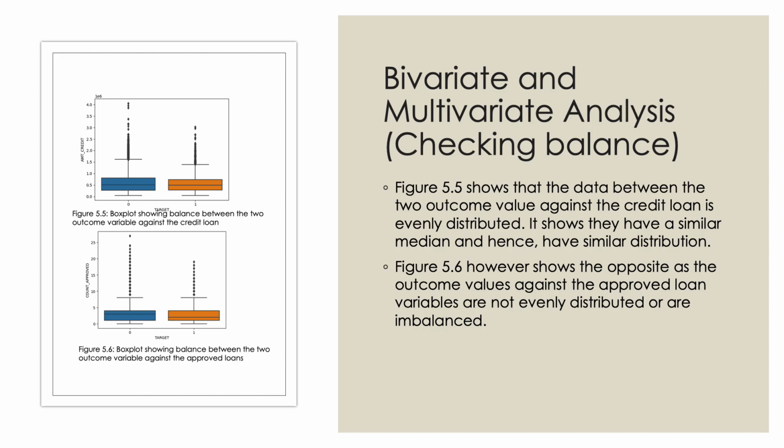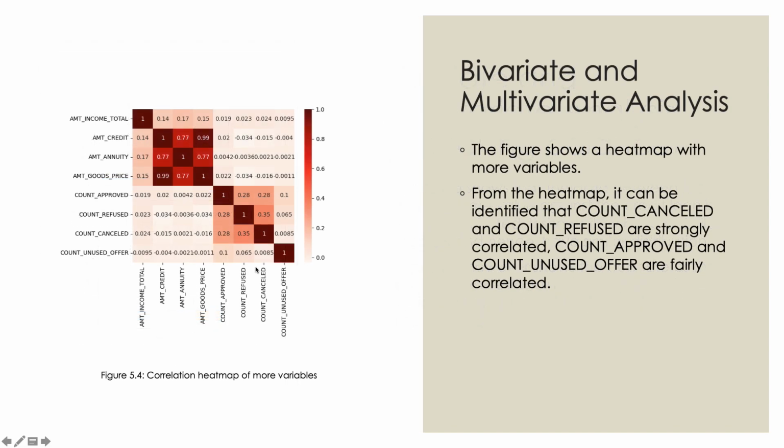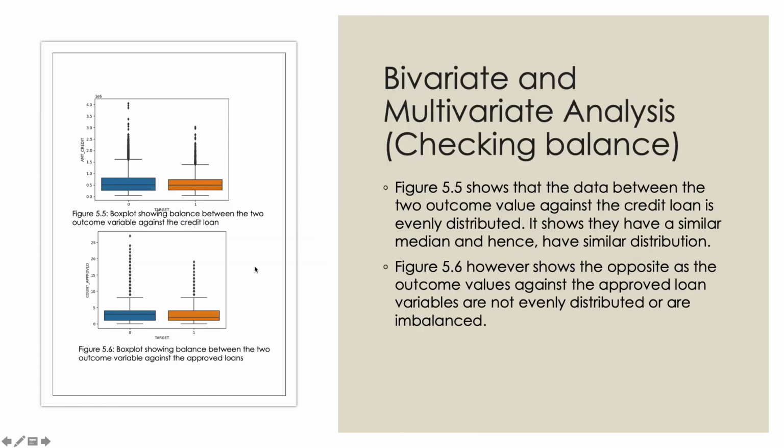So the target variable is the outcome, and with amount credit, you can see from this box plot that there's sort of a fair distribution amongst them, although we can see that the zero outcome has more data, more results than the one target variable. And also checking it against the count approved as well. Yeah, it's almost the same thing.